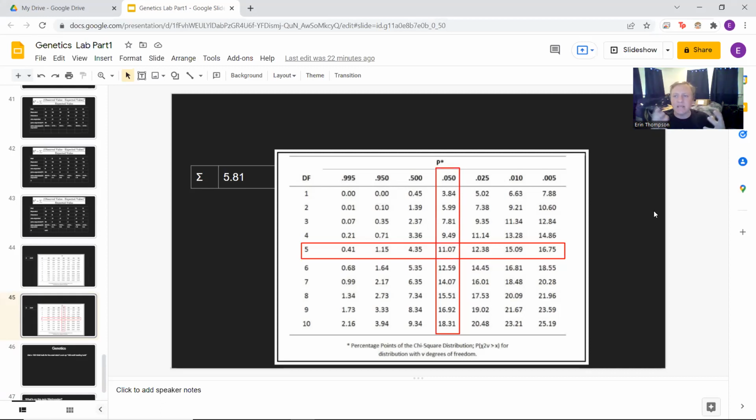What does that mean? We've done all of these numbers, we've run this calculation, we figured out degrees of freedom, we even did a Greek letter or two. What does it mean now that we've done it all?